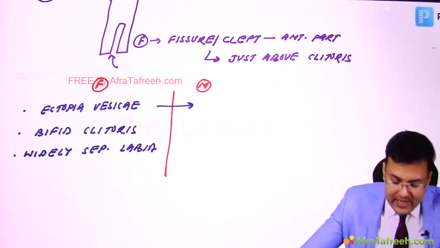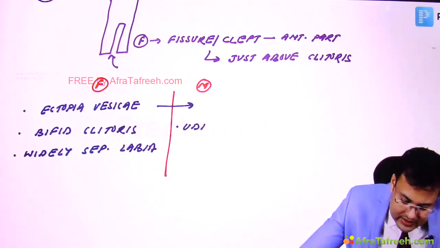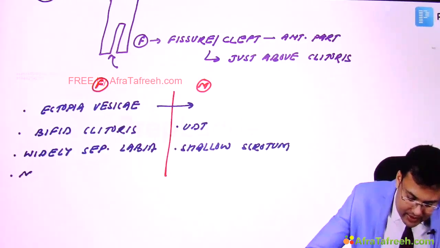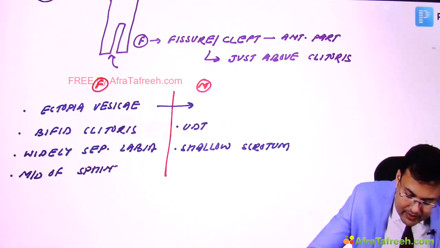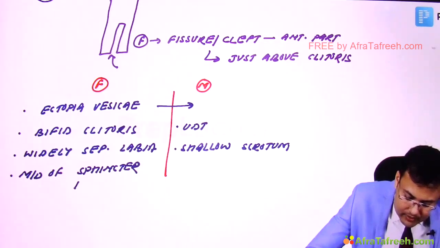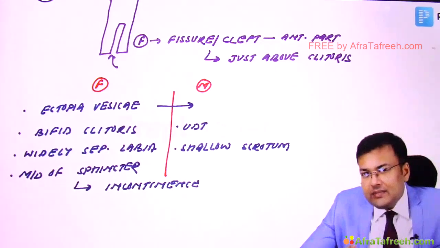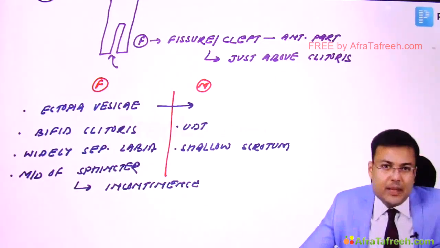Clear? In males there is undescended testes and shallow scrotum. Clear? And in females there is maldevelopment of sphincter. Because of this maldevelopment of sphincter, these patients have incontinence. And it is seen that this maldevelopment of sphincter is more common in posterior types.